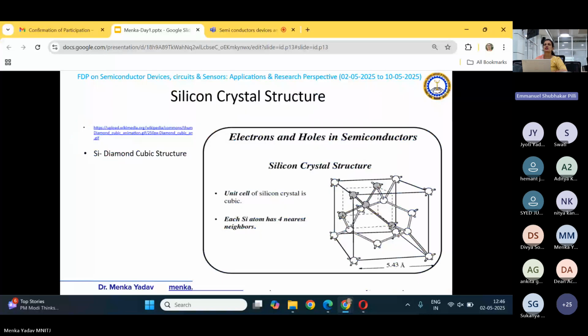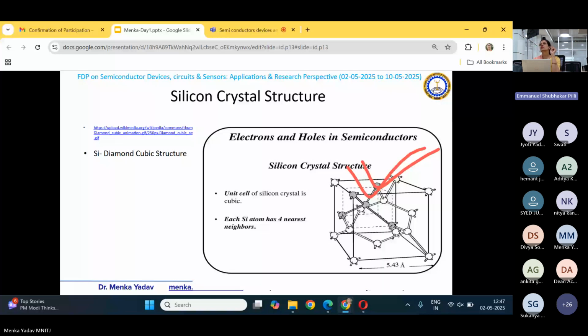So next one is the silicon crystal structure. Silicon crystal structure is actually a diamond cubic structure. And it has been shown over here. You can see diamond means one element is there in the center and then 4 elements are there.